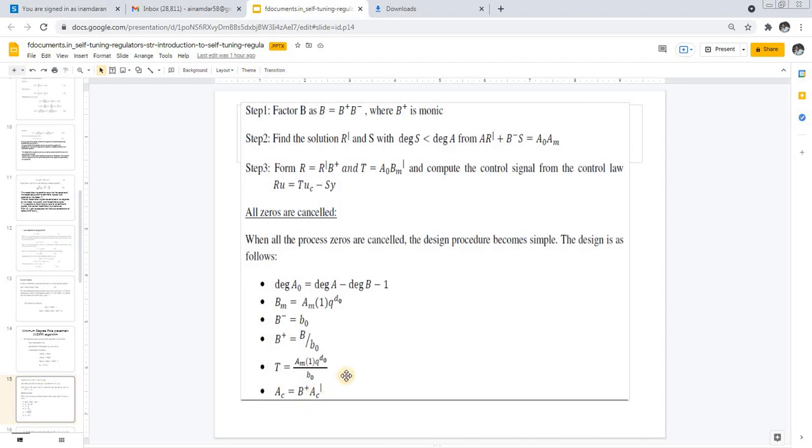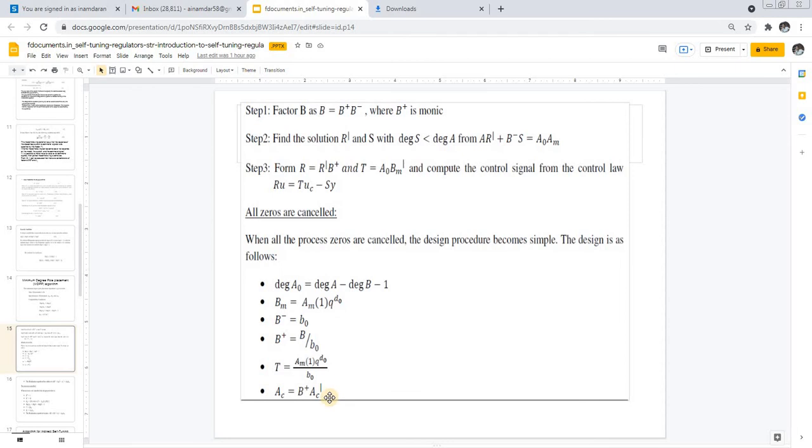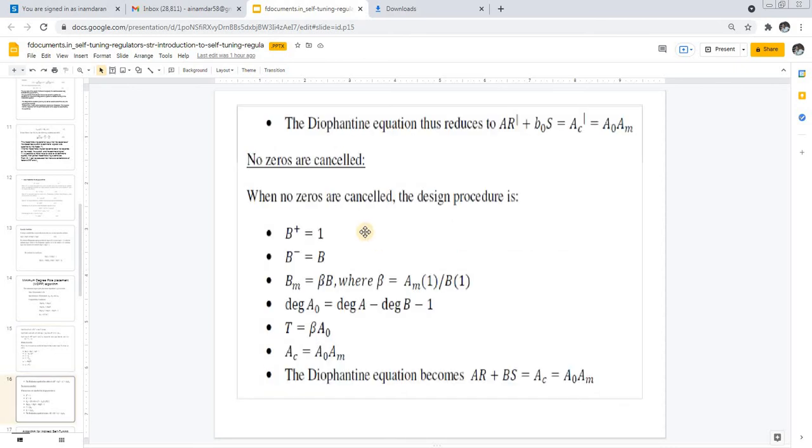Now the Diophantine equation AC in step 2 reduces to AR dash plus B naught S equals AC dash, which is A naught Am. So no zeros are cancelled here.